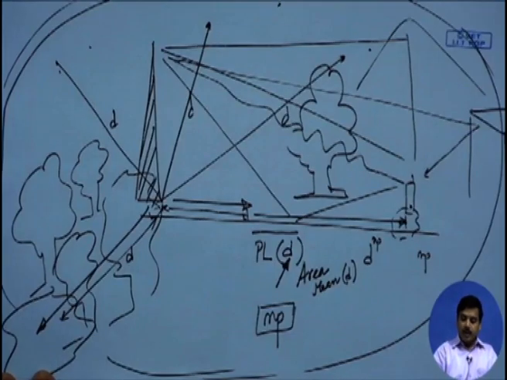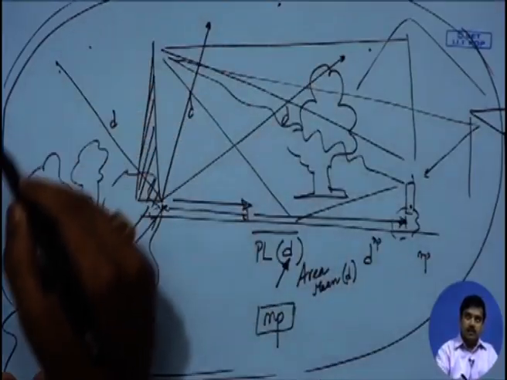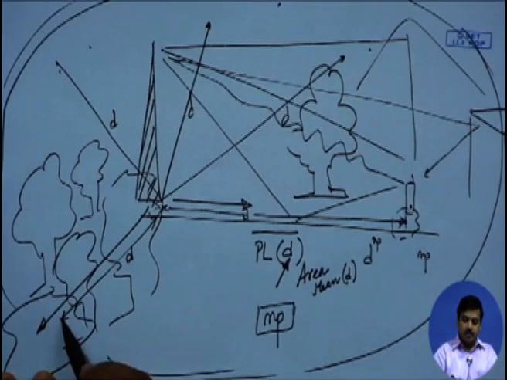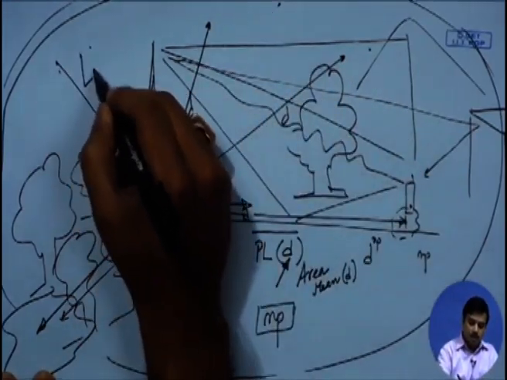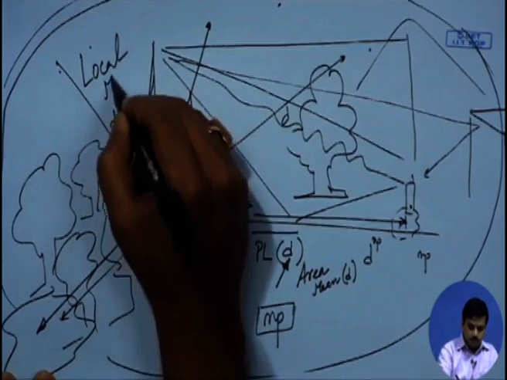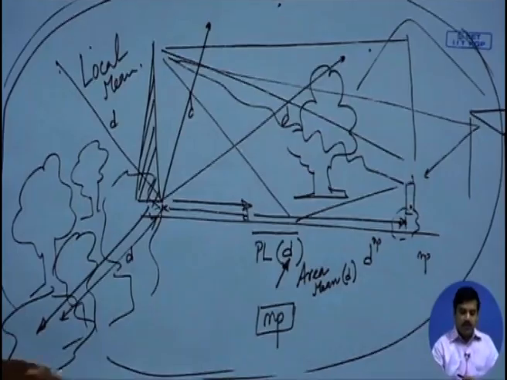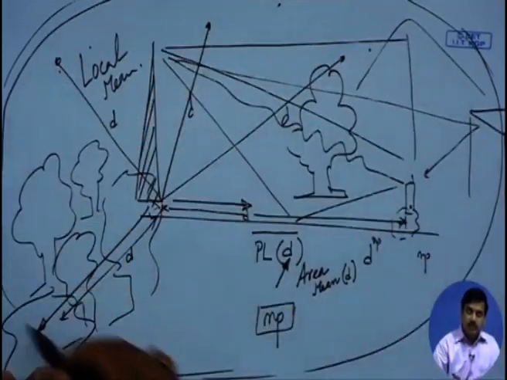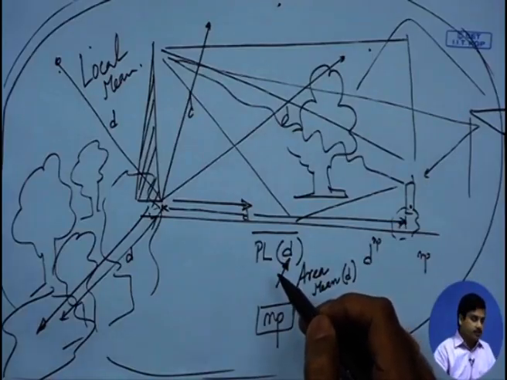So, we would like to use the path loss model for an average prediction of signal strength in a large area, whereas we would also like to capture the fluctuations which indicate the local mean. This local mean, which is the variation of signal strength in a particular direction in the same area, is covered under the model by shadowing.